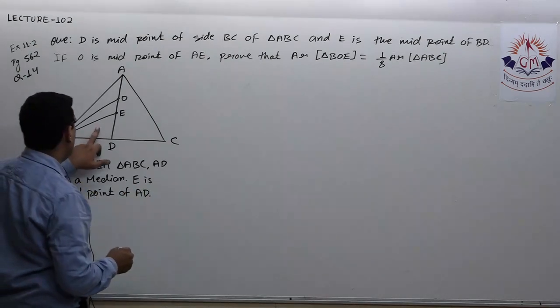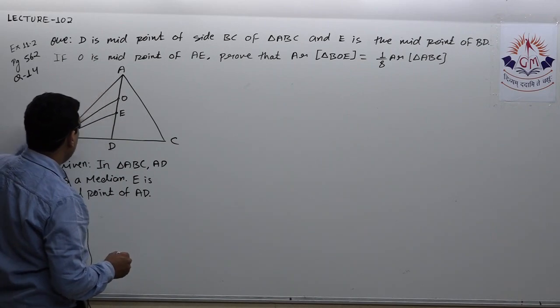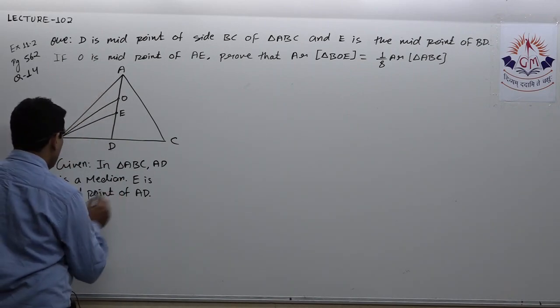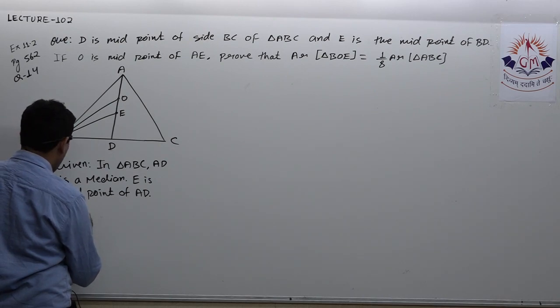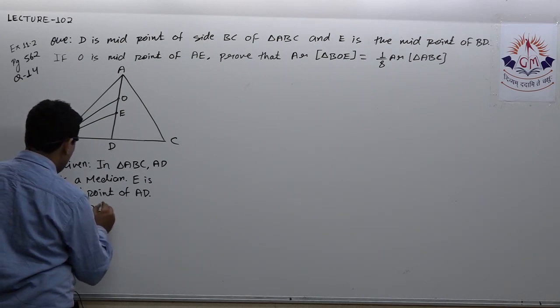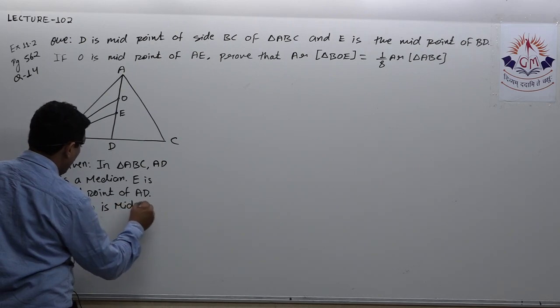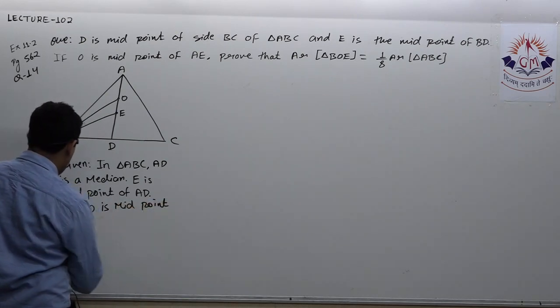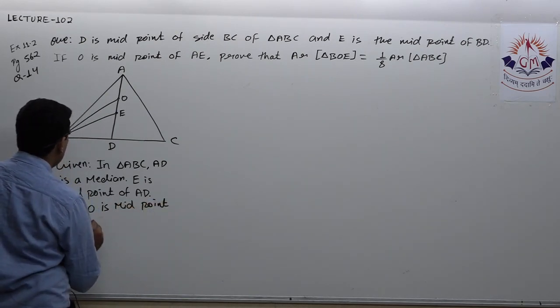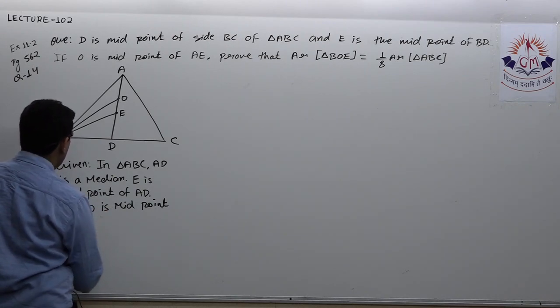That is, I can say BE is median for triangle ABD. Also, O is midpoint of AE.